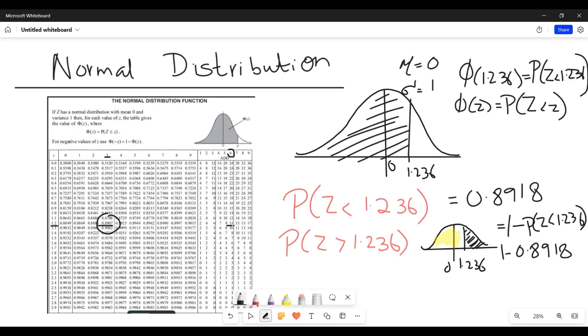Okay, turns out I don't have it. Can anybody use the calculator and tell me what you get first? 0.1182. Okay, so it's going to be 0.1182.